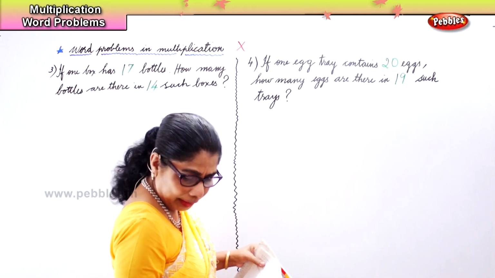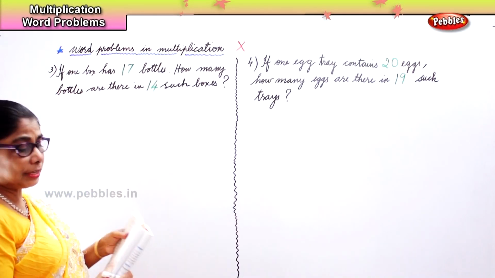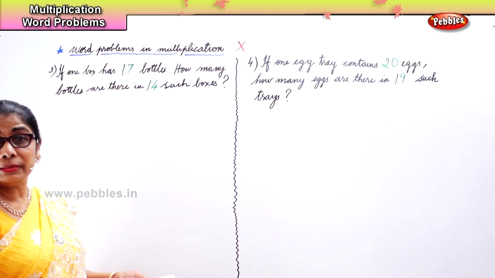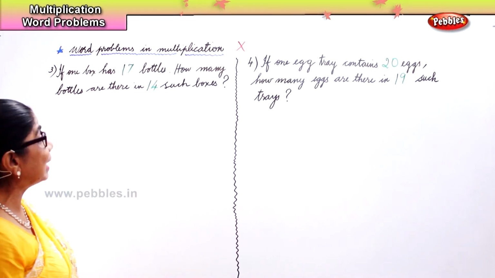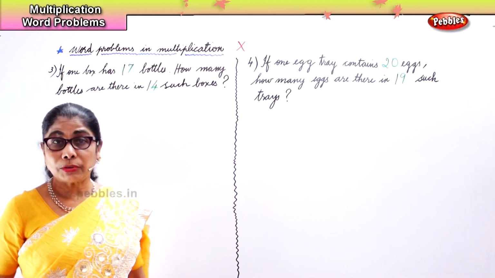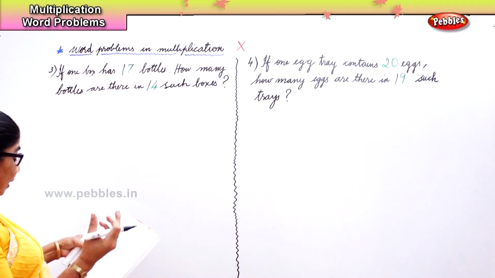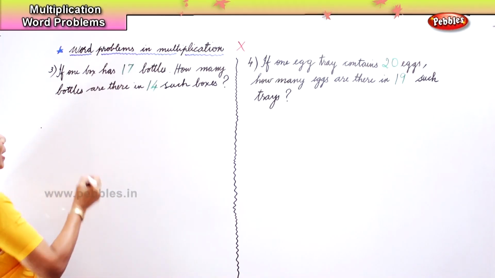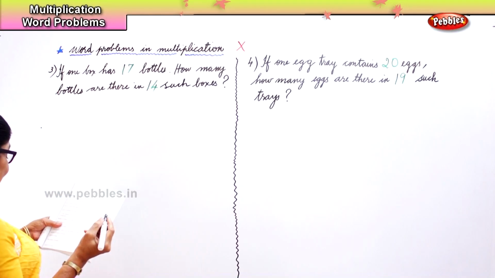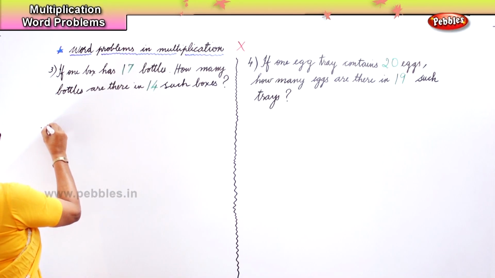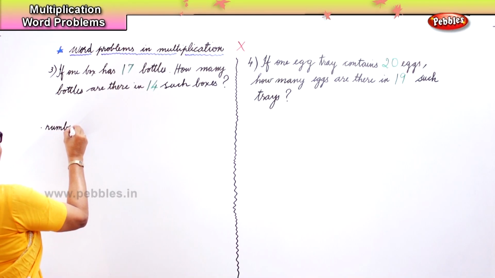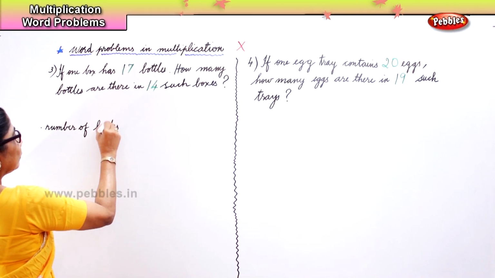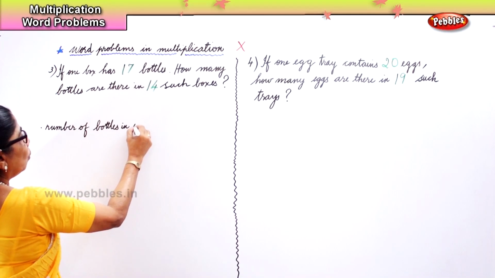Now, first we need to frame our statements. If one box has 17 bottles, how many bottles are there in 14 such boxes? So, what will be the first statement? Number of bottles in one box.